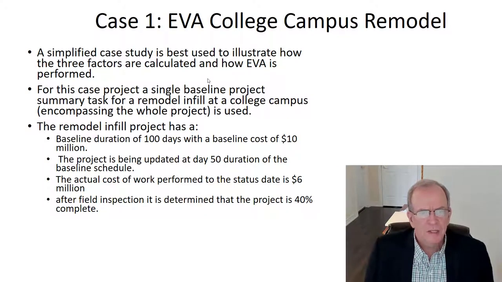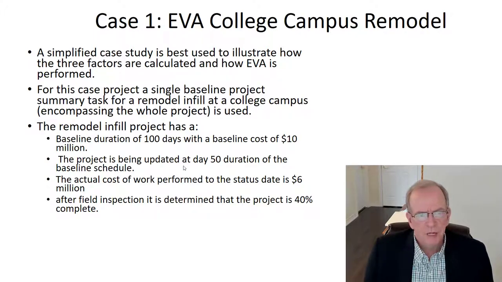So we have this college campus remodel, and I did mention it in the previous video as well, to illustrate things, but we're going to walk through it very methodically in this video. So we have an infill project, baseline duration 100 days with a cost of $10 million.